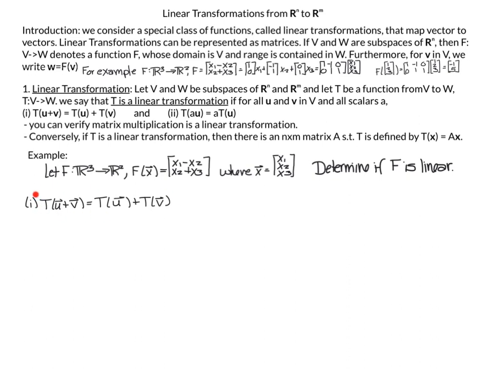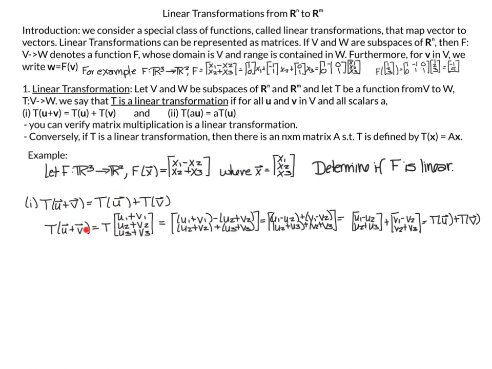So we're going to start with the first condition for linear transformations, which is T of u plus v is equal to T of u plus T of v. So if I have the vector u plus v, that's going to be u1 plus v1, u2 plus v2, u3 plus v3. And I plug it into my transformation. So my first coordinate, u1 plus v1, minus my second coordinate, u2 plus v2.